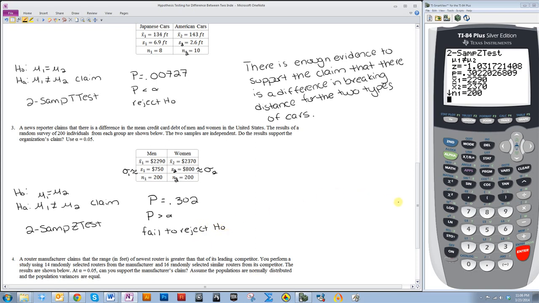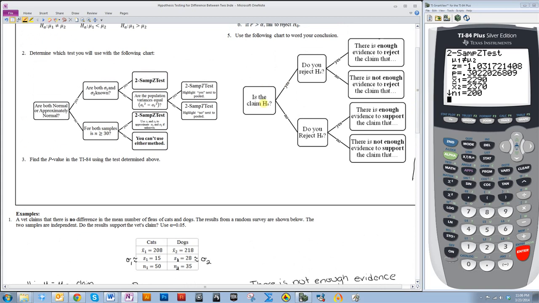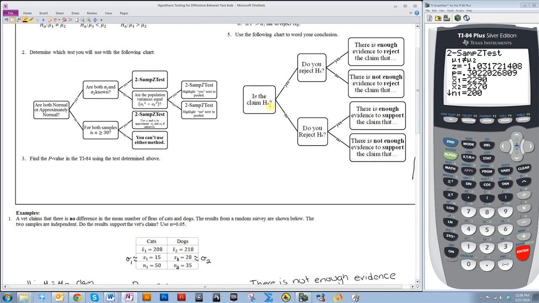HO. So now let's figure out how we're going to word this. Is the claim HO? I don't think it was. I think it was HA. Is the claim HO? No. Do you reject HO?